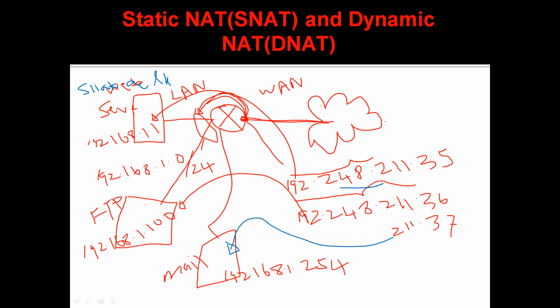When somebody accesses our slayer.ac.lk website, they come to this static IP. After that, the router's NAT table is configured to read, map, and transfer this data to the web server.